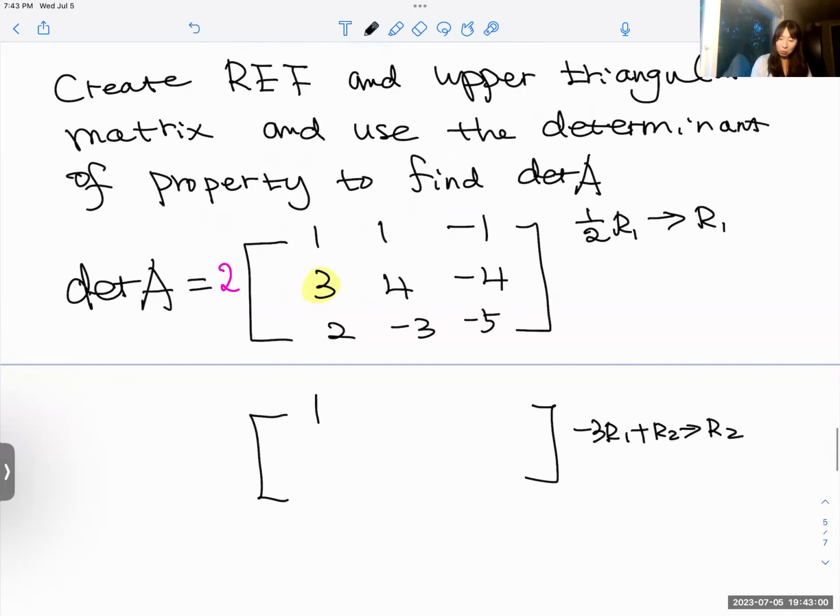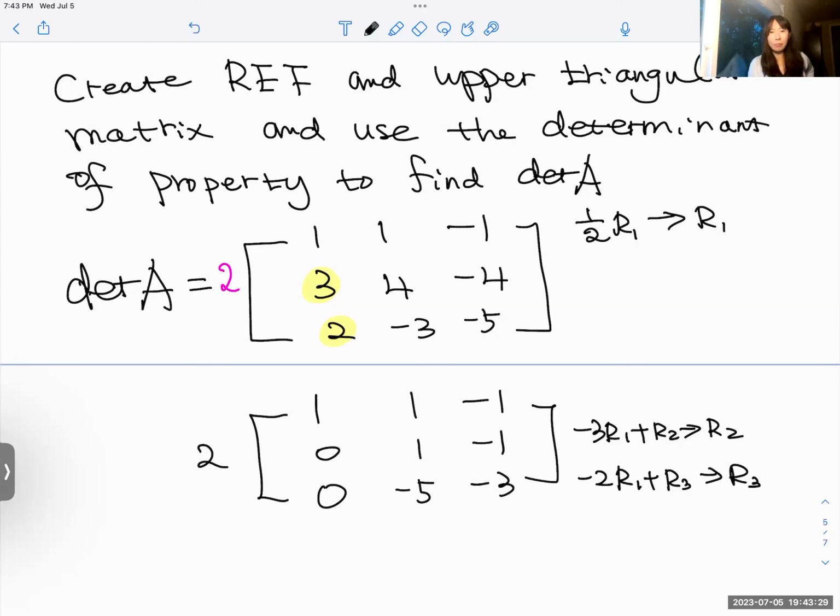So 1, 1, -1, and there will be 0, 1, -1, and then we want to make a 0 here. Row 1 again, so -2 row 1 plus row 3 to get row 3, right? So we have 0, -5, -3.